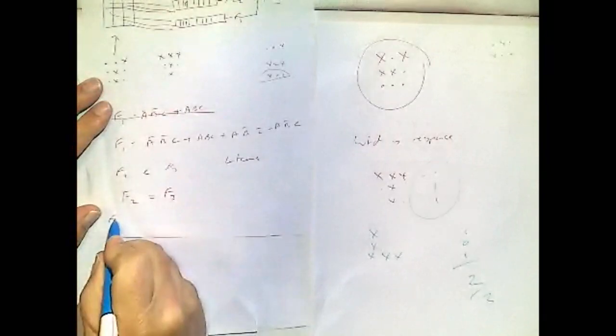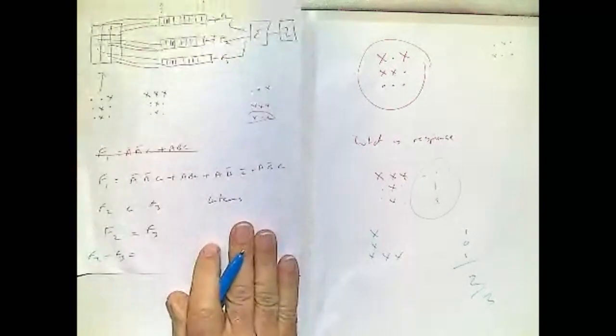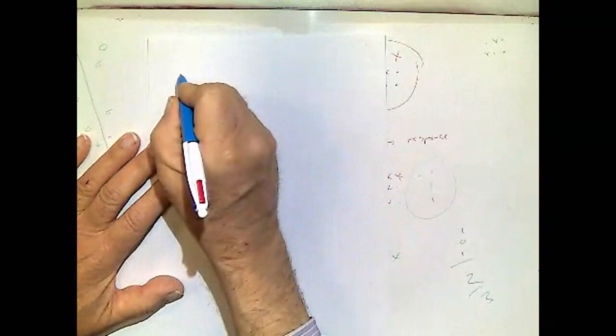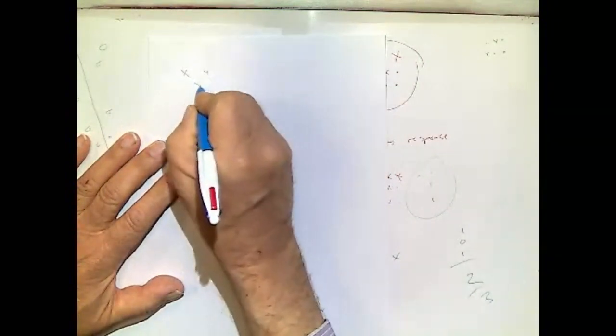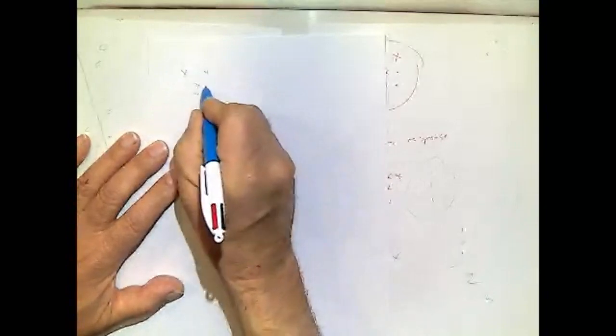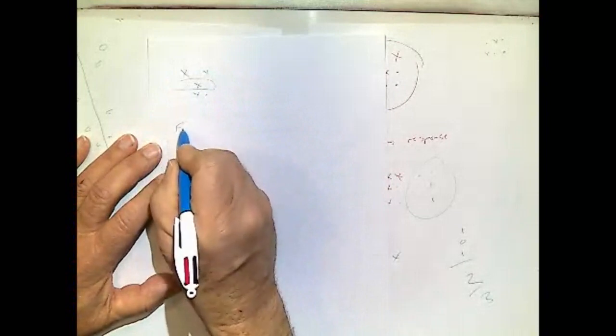F2 and F3. F2 equals F3 equals, back to the original pattern, clean sheet of paper. There is the pattern, and we're training these middle two. Take that one. It's going to be that with 1 bit of noise.